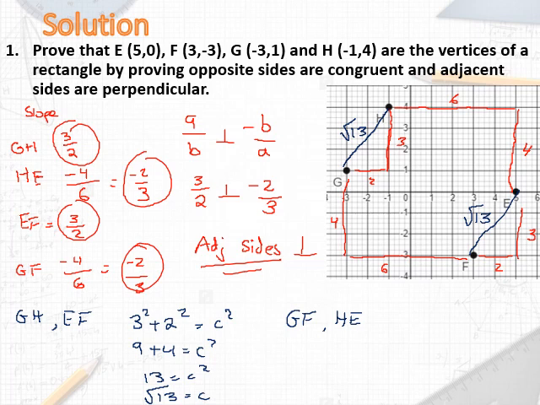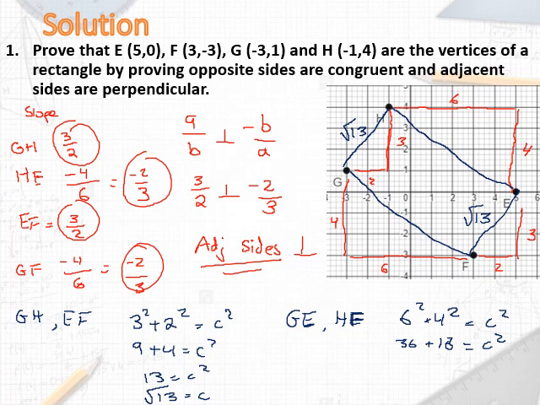All right, so we've got 6 squared plus 4 squared is equal to that hypotenuse squared. So we're trying to prove GE. Oh my gosh, guys, my letters are terrible. GE and HF. I'm seeing it now. All right, so we're trying to prove those two. 6 squared, 36. 4 squared, 16. That's C squared.